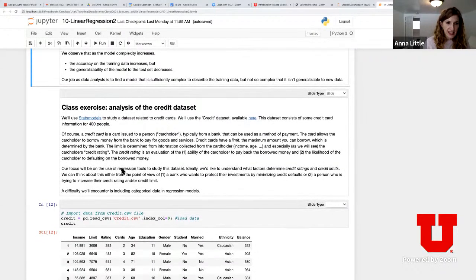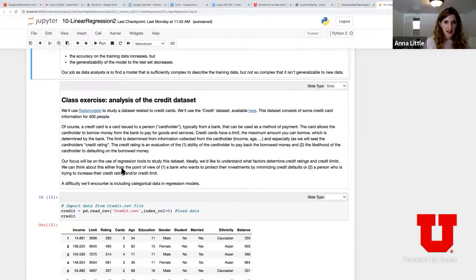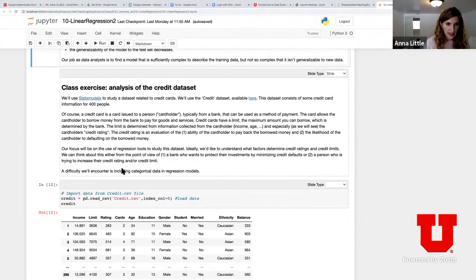So the basic idea here is, what are you interested in in this credit setting? You're interested in your credit limit, which is closely related to your credit rating. And then there's a number of other variables here.